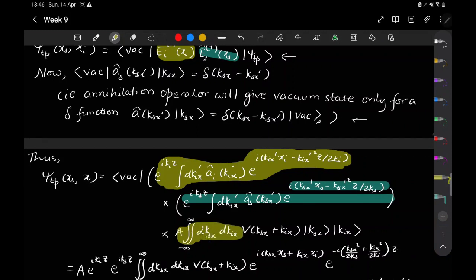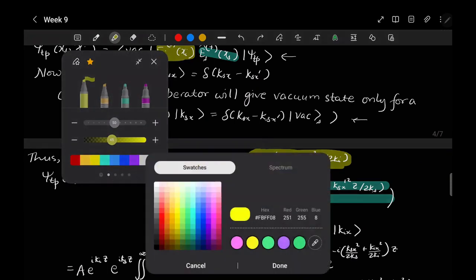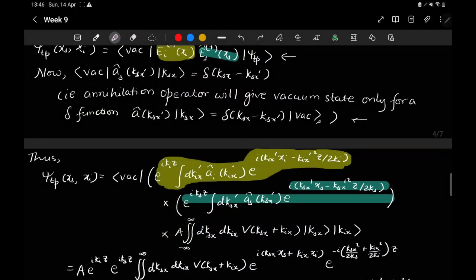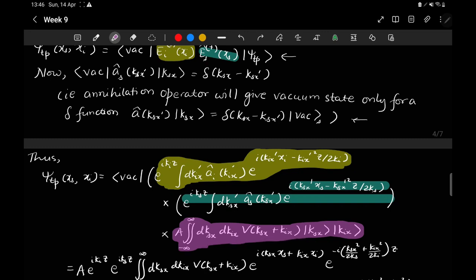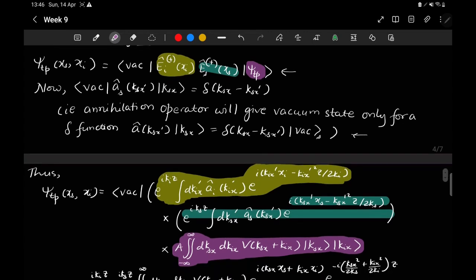I don't know what's happening, why the color is not changing. Yeah, now it has changed. So this term over here is psi tp. And of course this projection onto this vacuum is as it is.